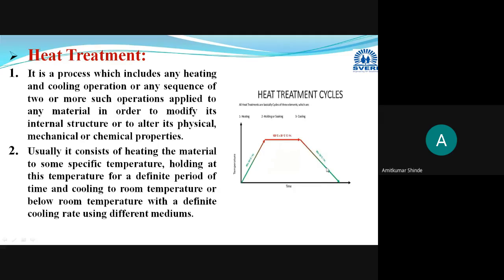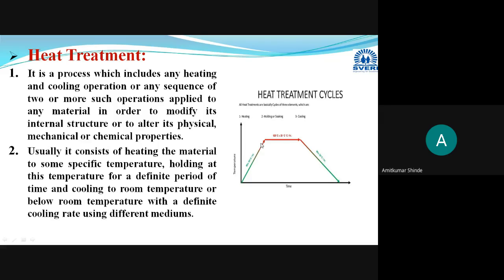From these higher temperatures, we are cooling it up to room temperature, or sometimes we are going to cool it below room temperature also. Depending on which properties we need, we can select a different rate of cooling, and we can select different temperature ranges also. The heat treatment cycle consists of the first step, the heating cycle.